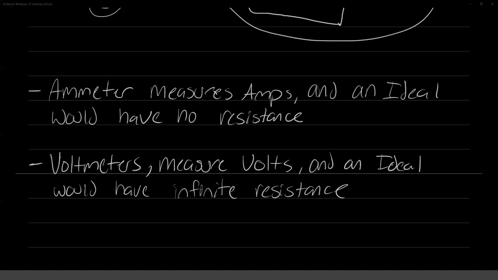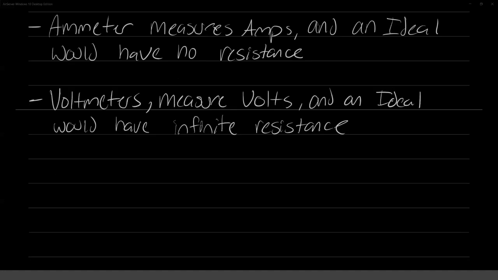The idea behind that is it would draw no current. If it had infinite resistance, there'd be no current drawn, and it would give the most accurate reading for voltage, right?